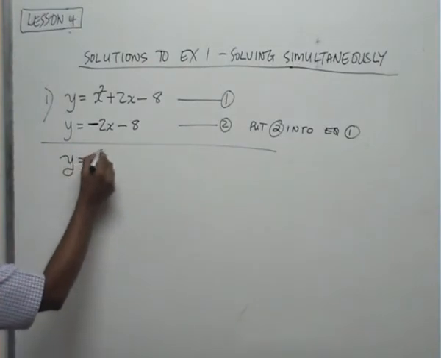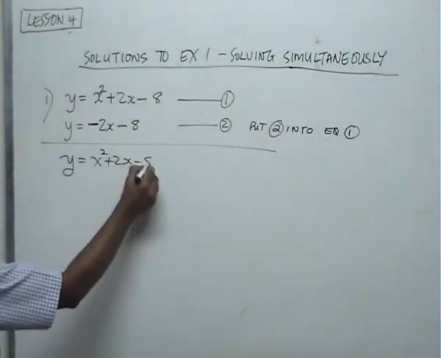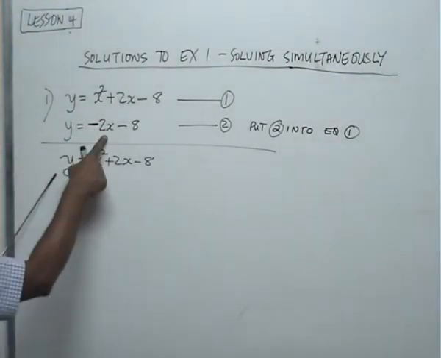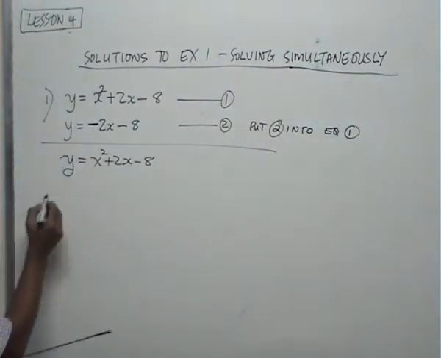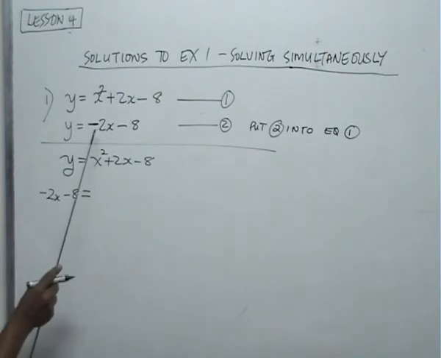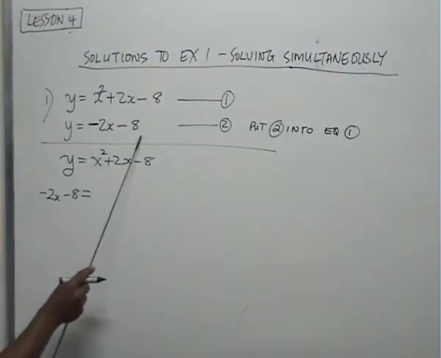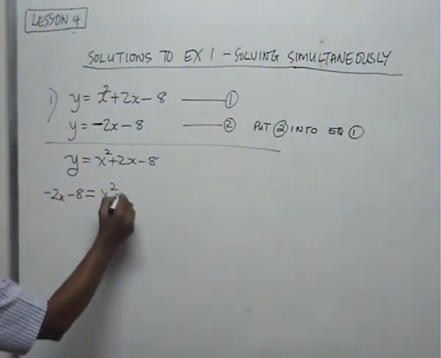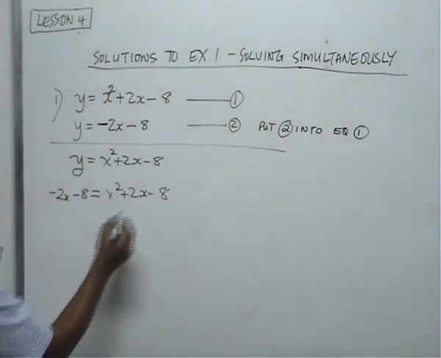Y is equal to x squared plus 2x minus 8. So if you're going to put number 2 into 1, then where there is y, you will write minus 2x minus 8. You'll write that because that is what represents y, is equal to x squared plus 2x minus 8.